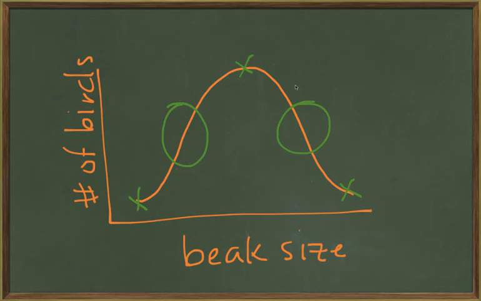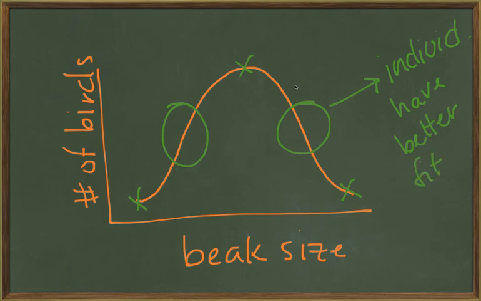I'm choosing the stuff in the middle. So once again, these two things in green, these are individuals for this day and age, for this climate, for this habitat, for whatever conditions are going on right now. These individuals have better fitness. They're the ones that are going to survive and pass on their genes.